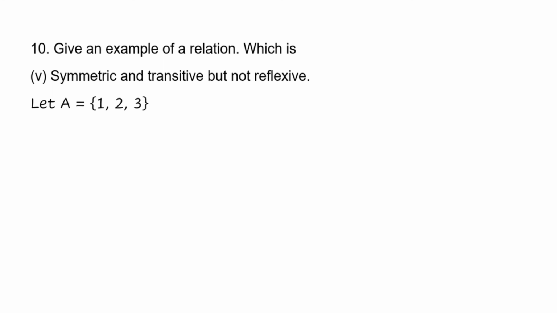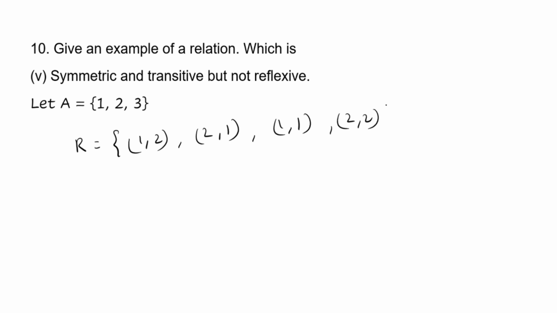The next question, symmetric and transitive but not reflexive. So here let us take R equal to the ordered pairs (1, 2), (2, 1), (1, 1) and (2, 2).